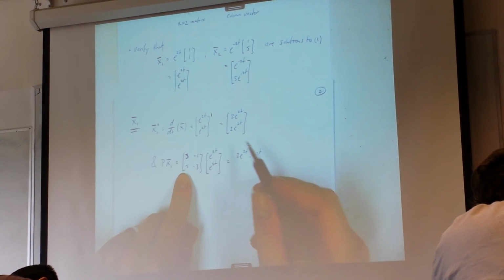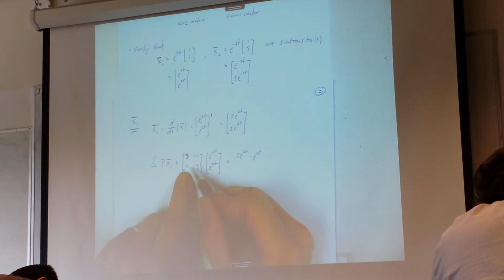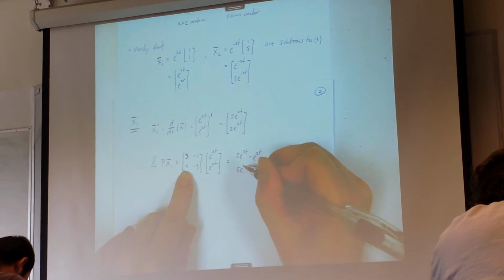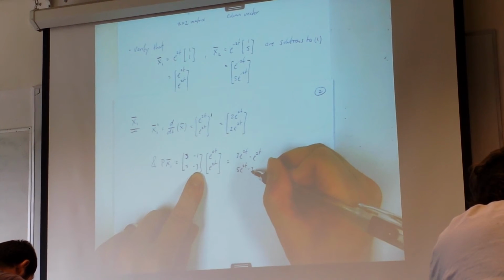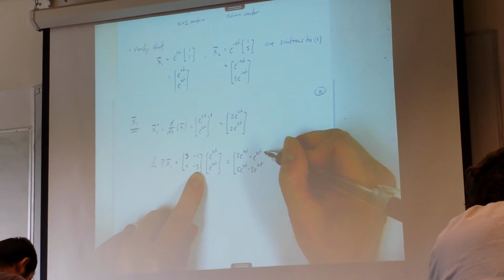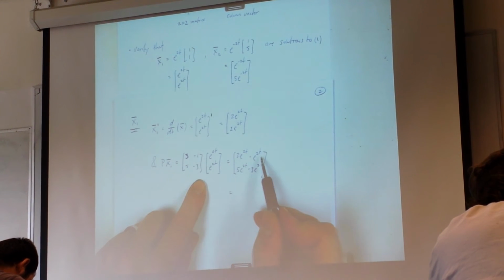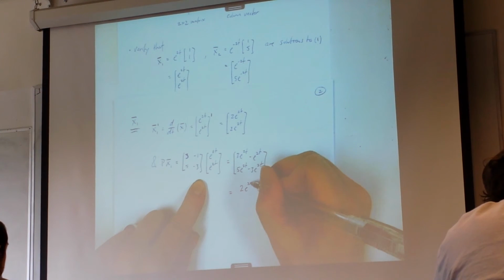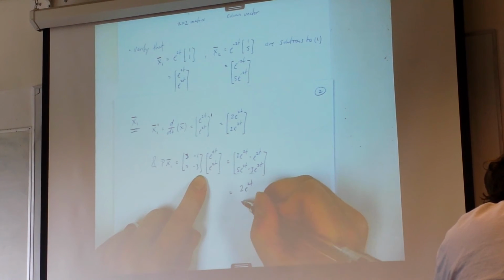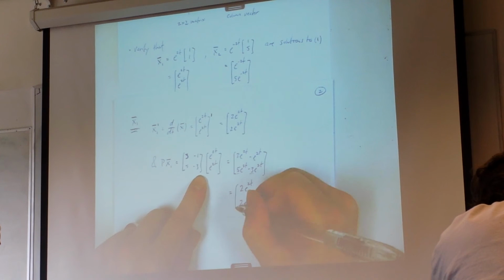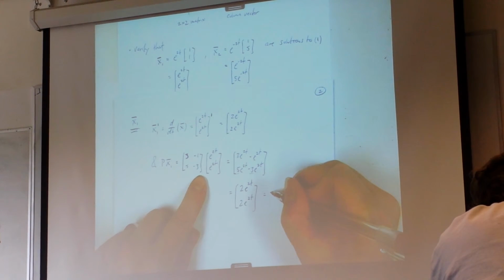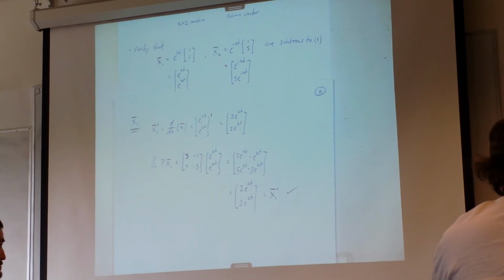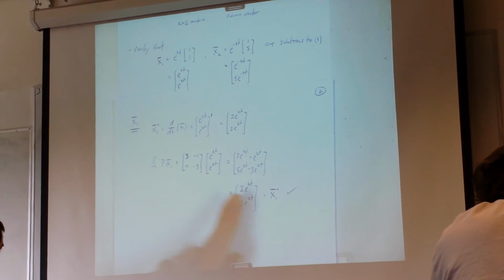And the second component would be second row times this column, dot product, 5e to the 2t minus 3e to the 2t. If we simplify that, we get 2e to the 2t, 2e to the 2t, which is exactly equal to x1 prime, which is what we wanted to show. x1 prime equals Px1.